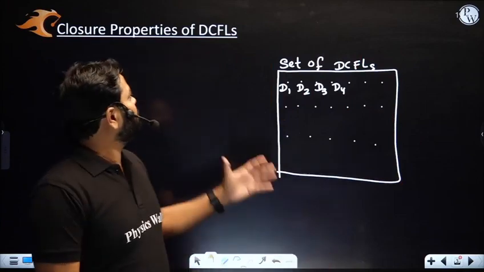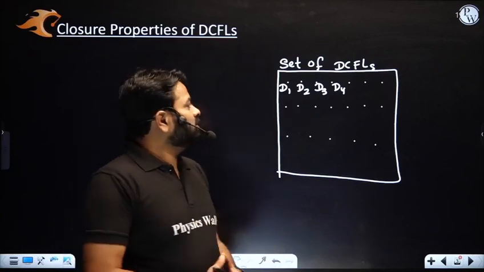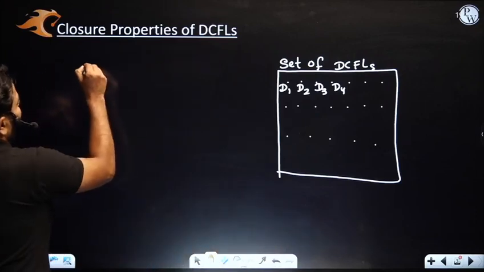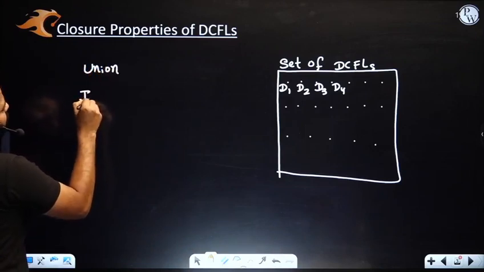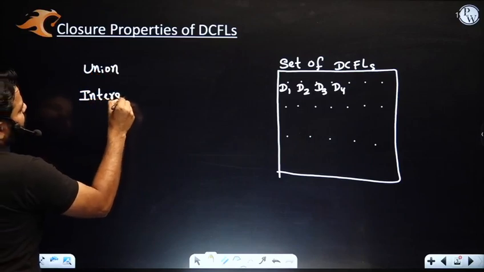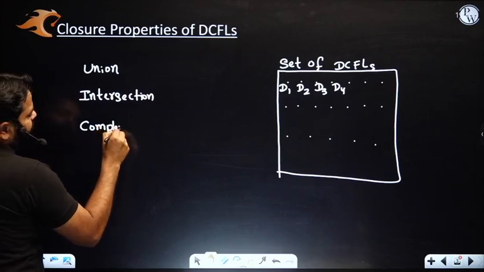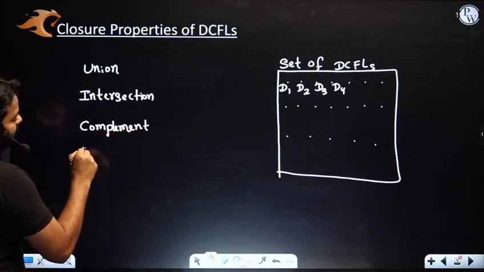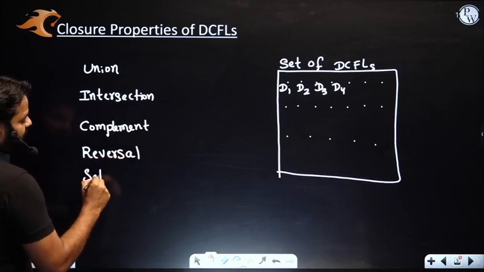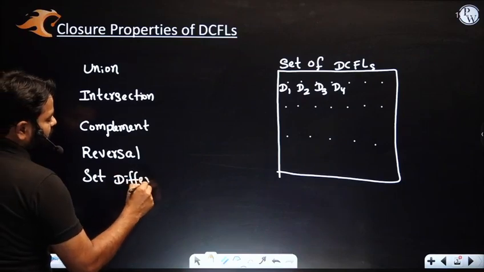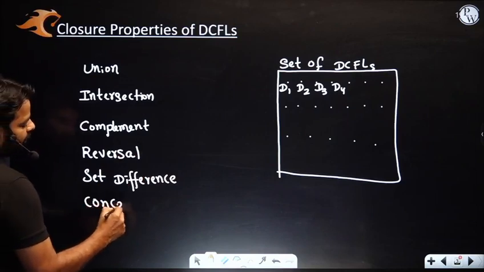What is the closure property here? A closure property is nothing but an operation. We take certain operations like union and intersection, but among them a few closure properties I am discussing here, like intersection, complement, reversal, set difference, also language difference, simply called difference, and concatenation.